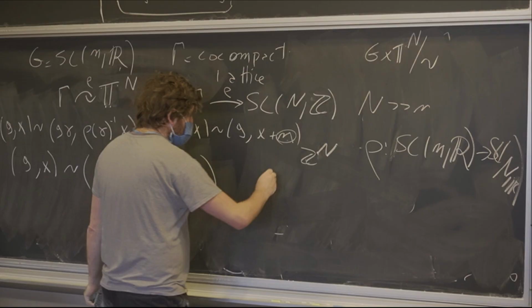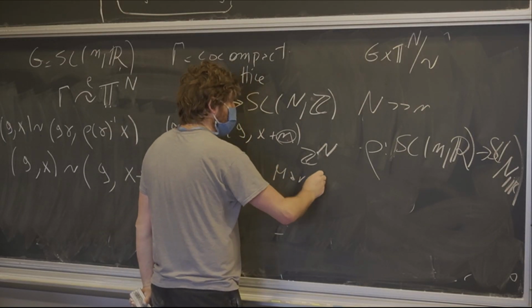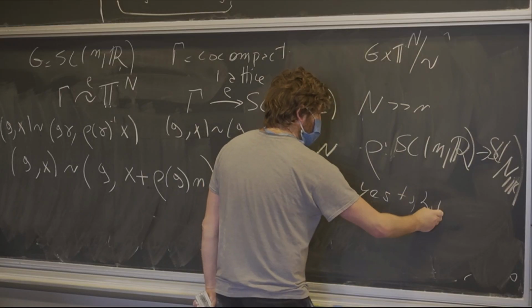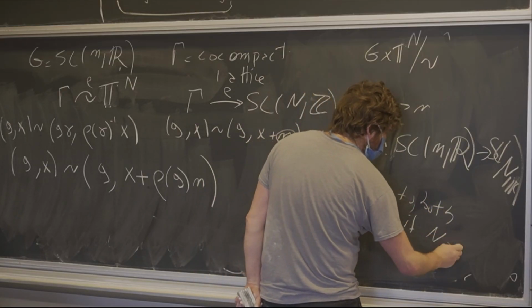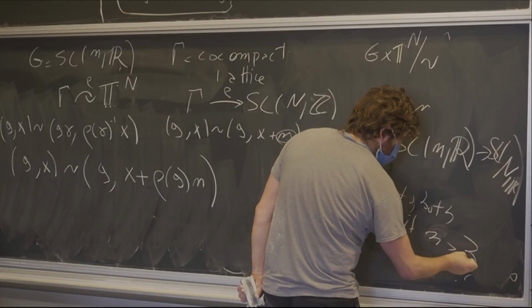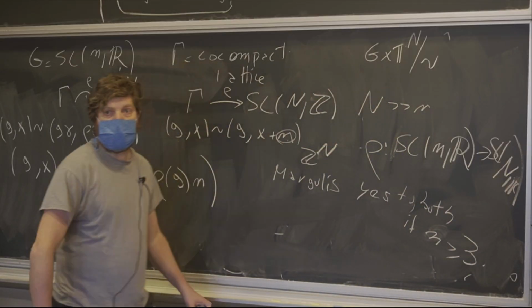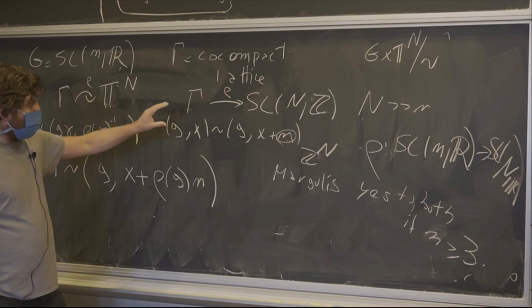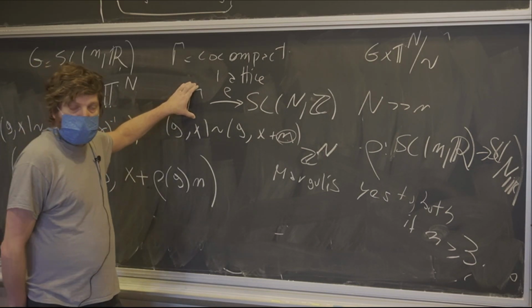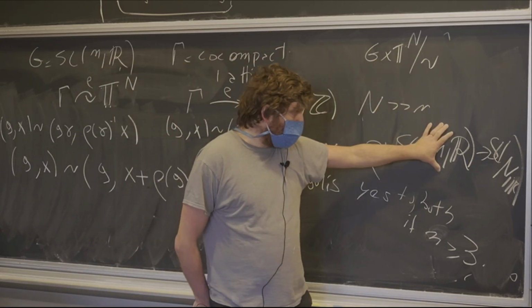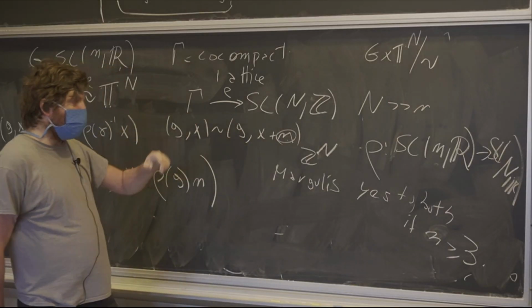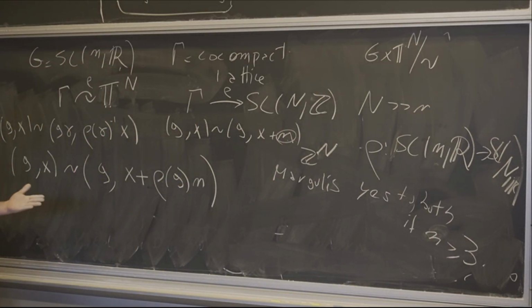Well, Margulis says yes to both things, so yes to both if little n is larger than 3. Margulis says first, there exists the rho from gamma to SL_N(Z), and second, this rho comes from an extension like that. It's essential because you have to take a finite index subgroup, but that's yes.